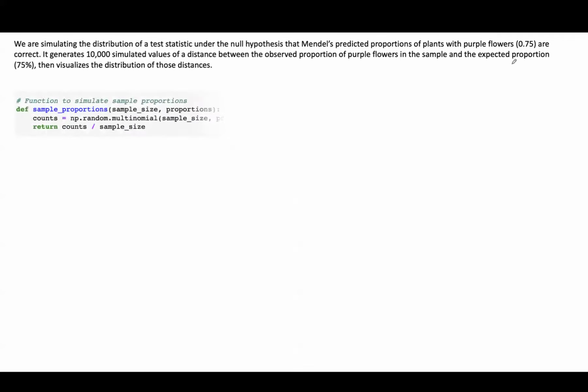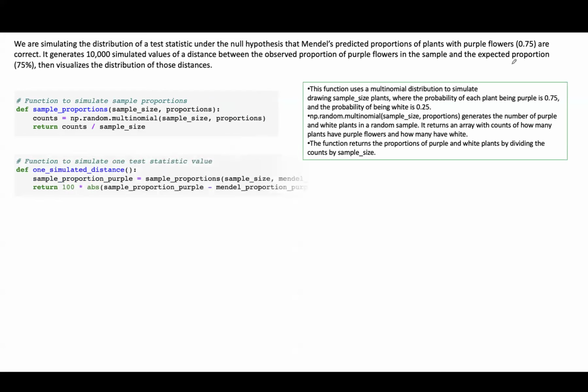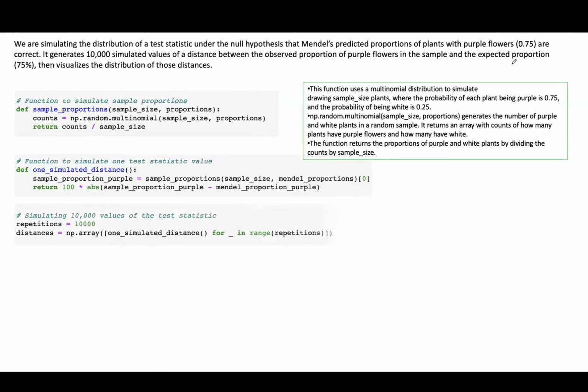So this is the line of code that you need to use to create a function to simulate sample proportions, and then define another function. Basically, it returns the percent distance between the sample proportion of purple and the Mendel proportion of purple, and we simulate that 10,000 times.